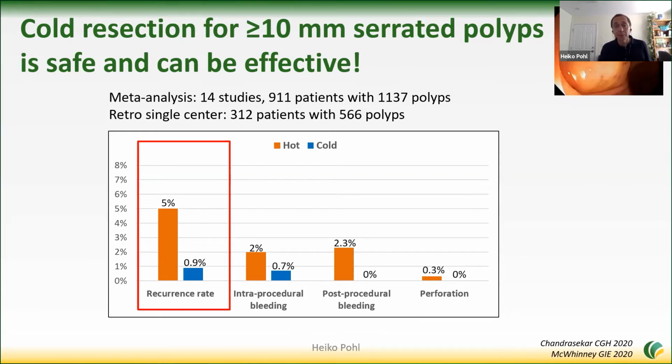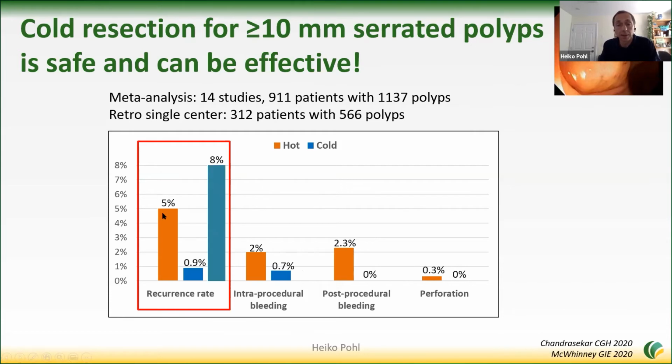So here is a recent meta-analysis that included 14 studies on serrated polyps. The bottom line is: in blue, cold snare resection, in orange, hot snare resection. There was no perforation, no post-procedure bleeding, some intraprocedural bleeding, and actually a significant reduction in all complications with cold snare resection. And somewhat surprisingly to me, the recurrence rate was less than 1% in this meta-analysis compared to historical hot snare resection studies, 5%.